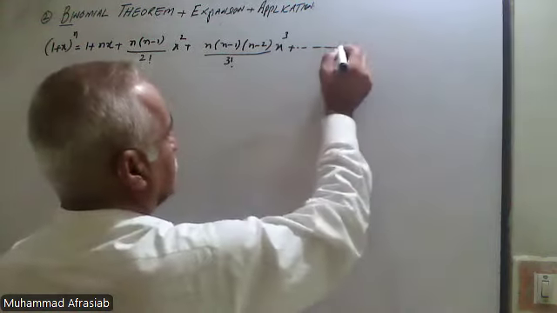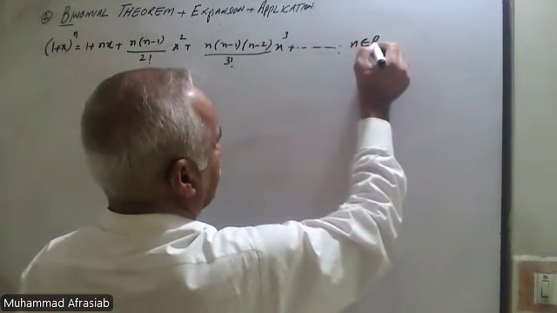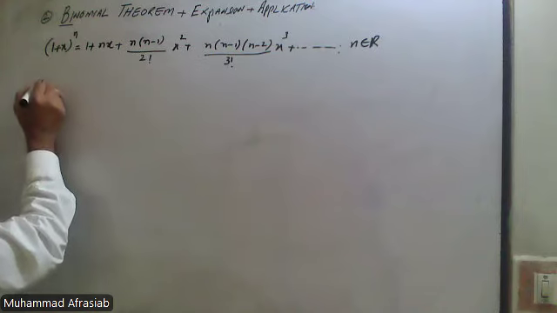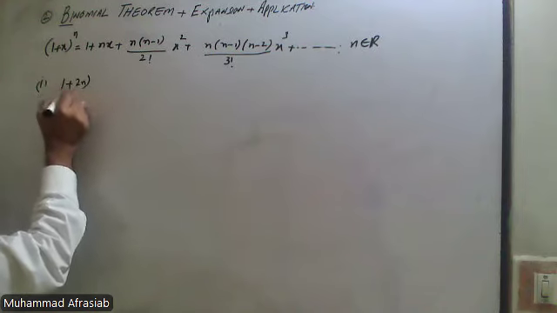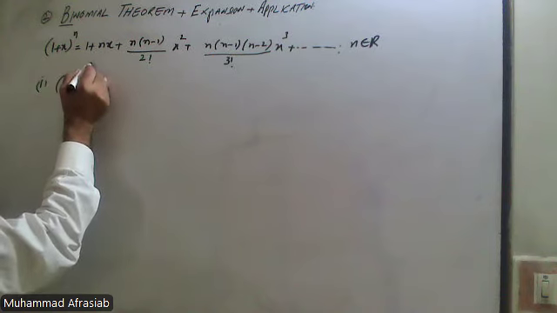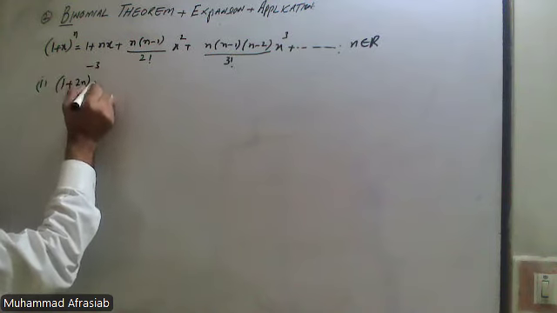Now, for this application, we have different examples where n belongs to all real numbers. So we have this example, (1 + 2x)^(-3).